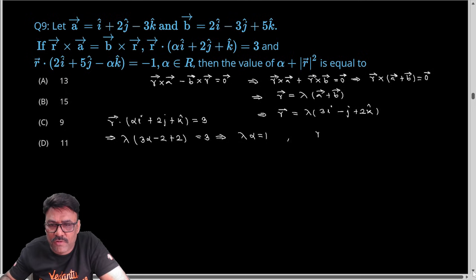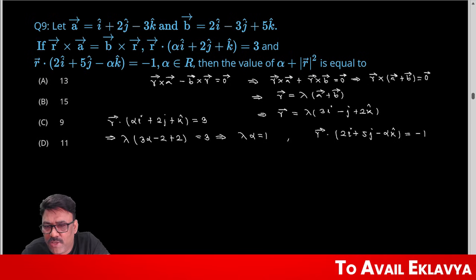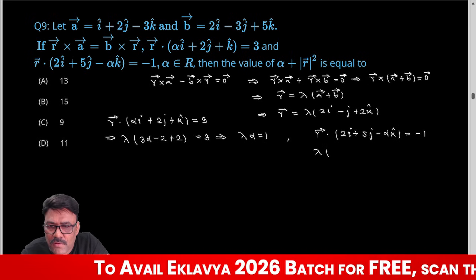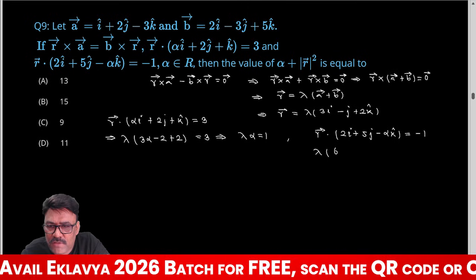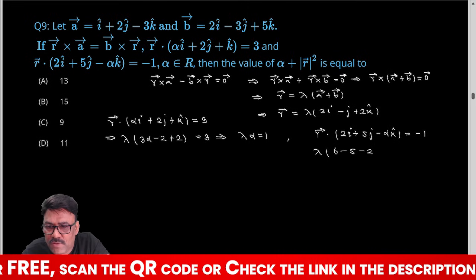Now one more condition is given. If I take the dot product of r with 2i plus 5j minus alpha k, this dot product must be minus 1. Now let's take the dot product of r again with this vector. I will get lambda times: 3 into 2, 6; minus 1 into 5, minus 5; 2 into minus alpha, minus 2 alpha.